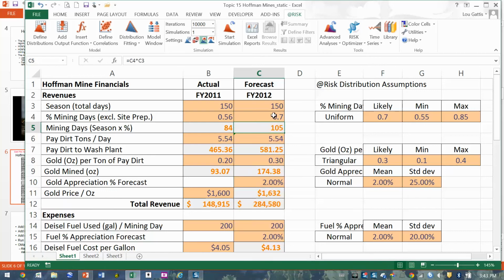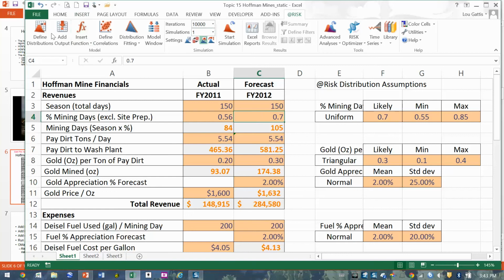So for example, let's assume that mining days, even though I expect a little more next year, could be between 55 and 85% of the time. I'm not sure there's a peak or any likely value in between those. I think it's anywhere between 55 and 85, and they're just as likely.